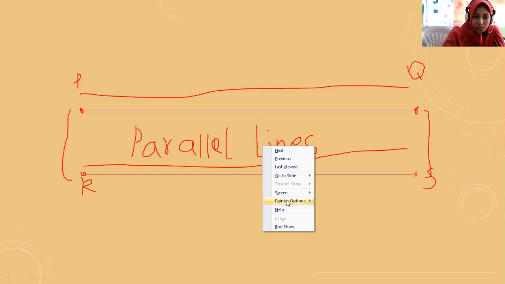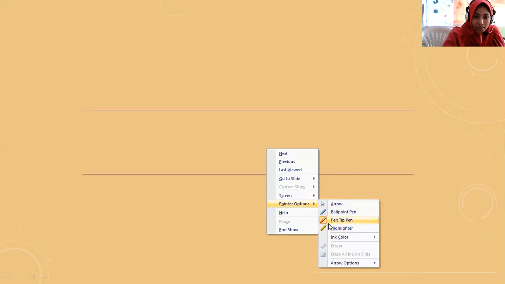Let's take another example. If I make a line here, Figure 1. This is the end point of the line. It is starting from here and it is ending here. I am giving it the name RS.